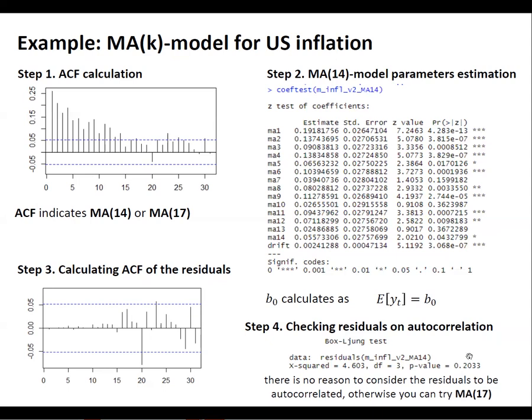We run it and see that the p-value is about 0.20, so we can assume that there is no autocorrelation in the residuals. If we had autocorrelated residuals in this MA14 model, we could try the MA17 or MA23 model. But there is no need to increase the number of parameters. The residuals are no longer autocorrelated, so MA14 is enough for us.